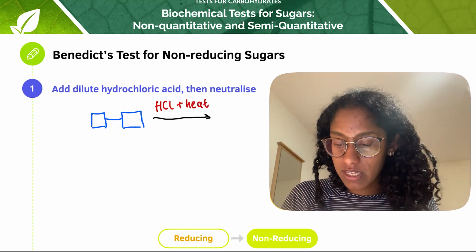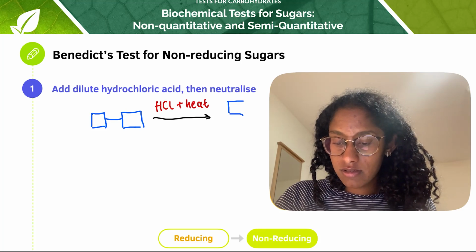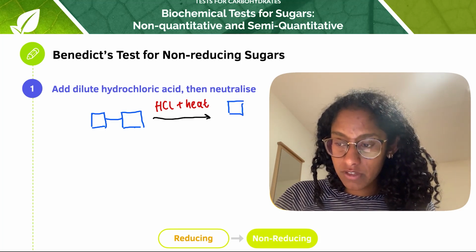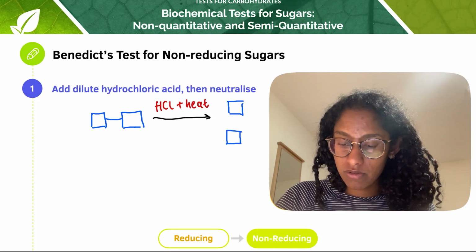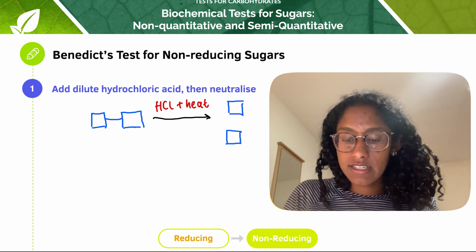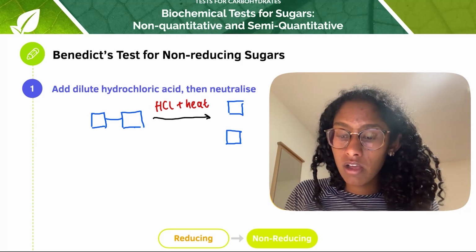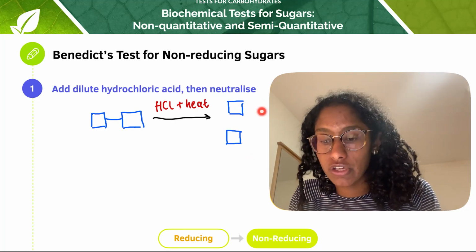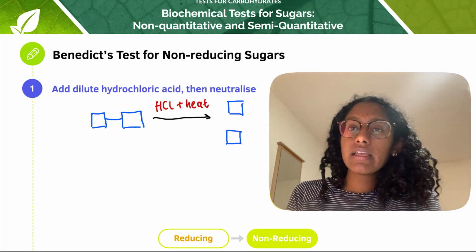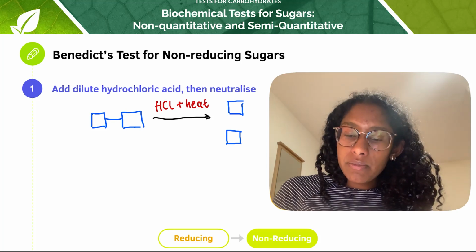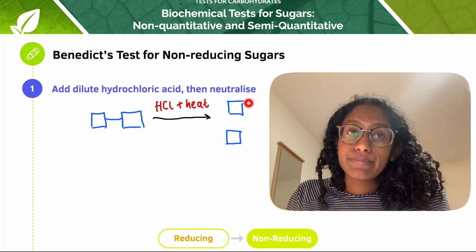So if this here is a disaccharide, such as sucrose, I would break it down into its monomers, such as glucose and fructose. And these monomers are now reducing sugars.